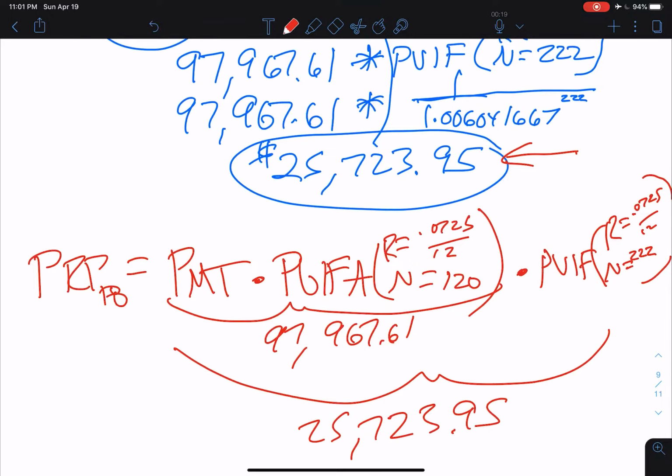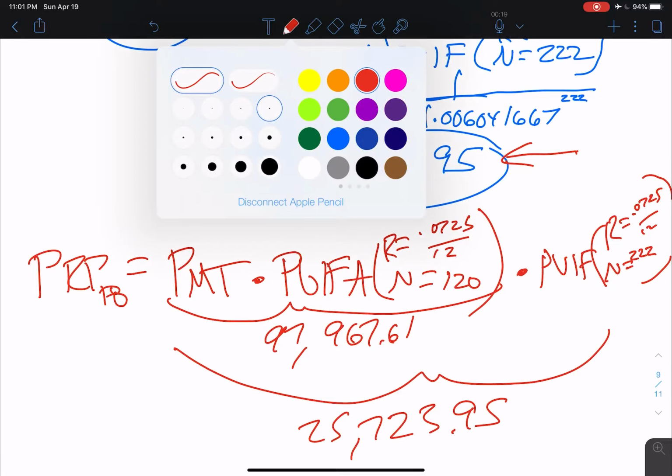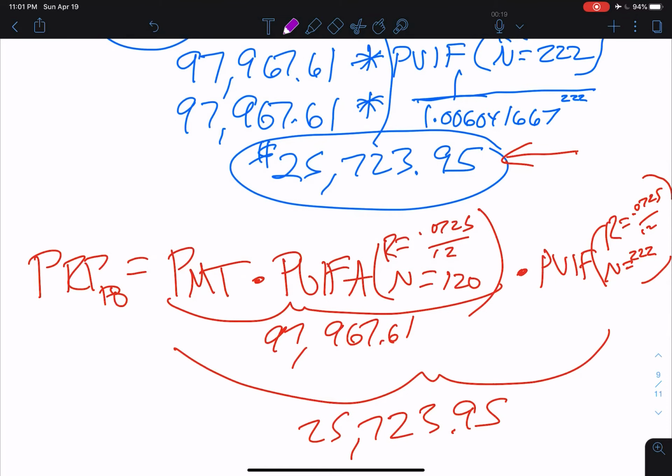And I want to make one point here, very important: this N right here in the PVIFA was the number of payments to be eliminated.